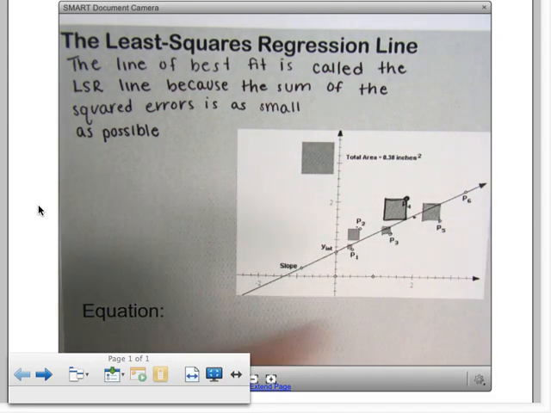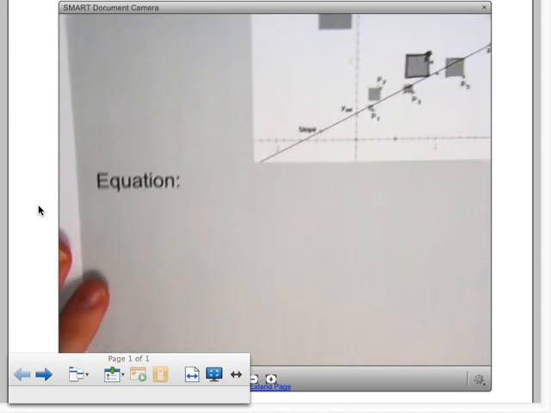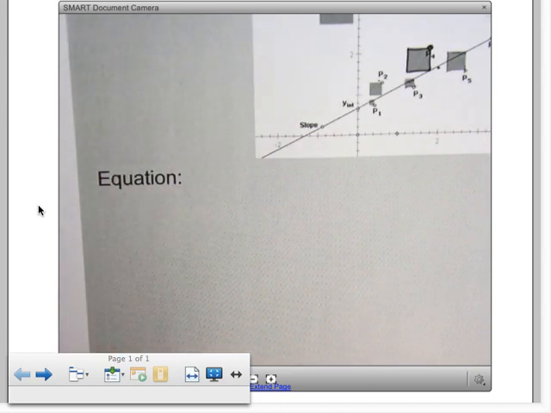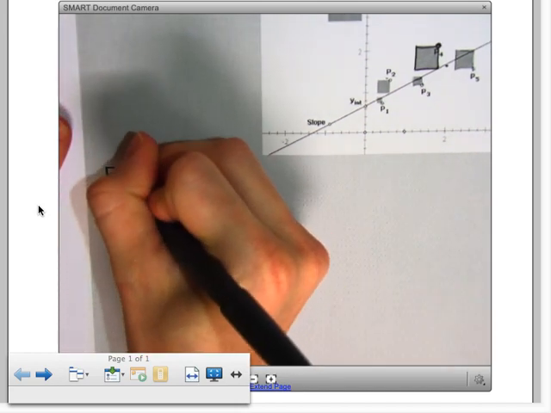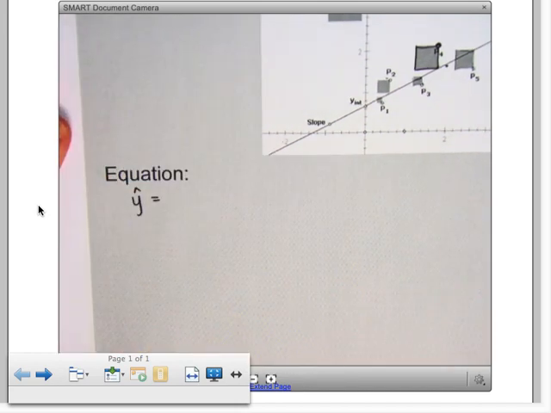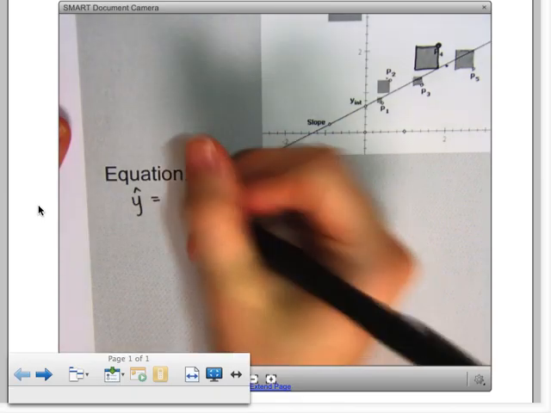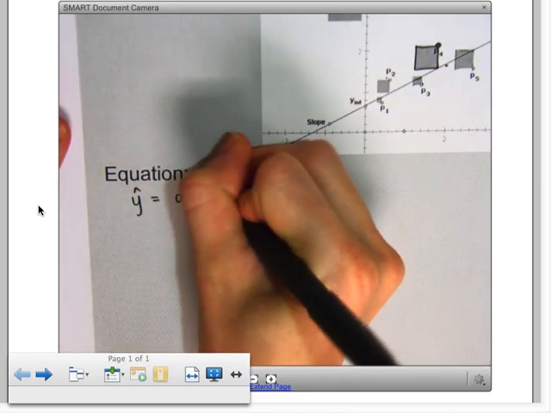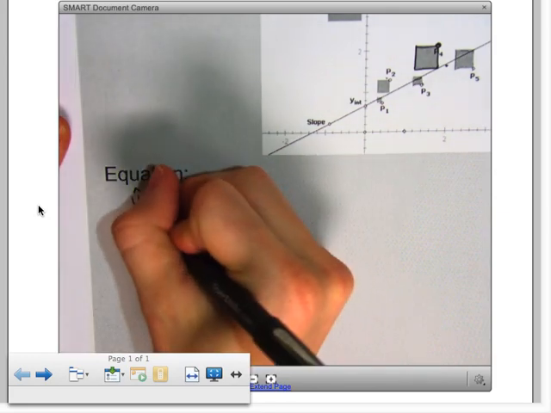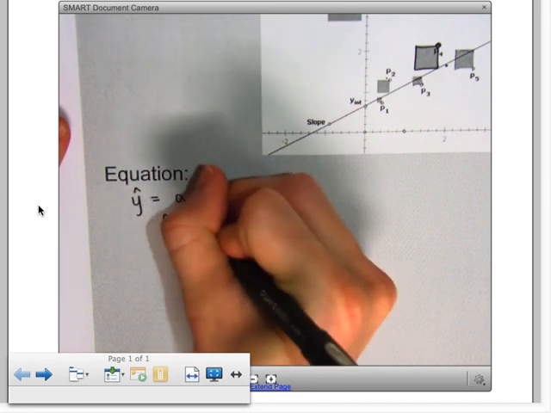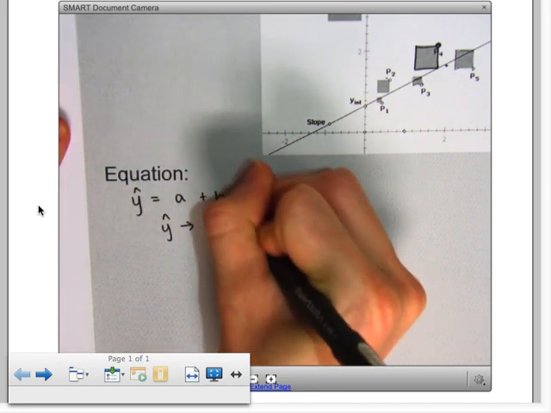Okay, and we get this from the calculator again. So this equation you'll need to know, but then we'll find the different parts on the calculator. So the equation is y hat, so it's like a y with an arrow, equals a plus bx. Okay, and the different parts: y hat, this is the predicted y.